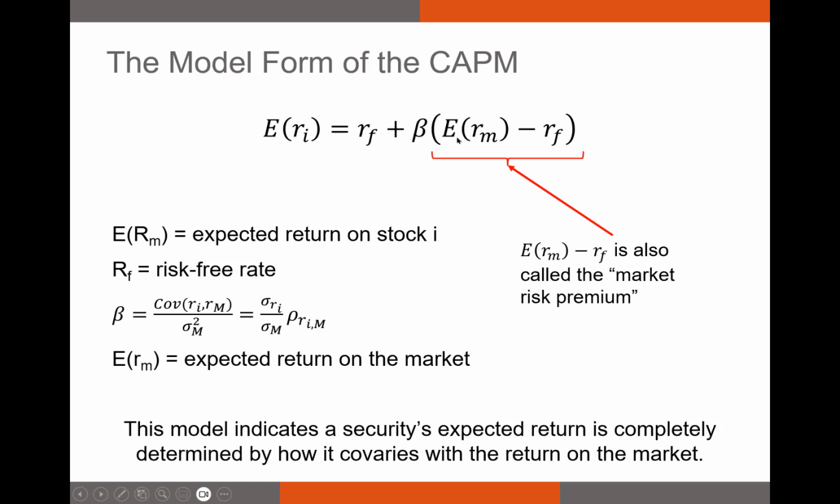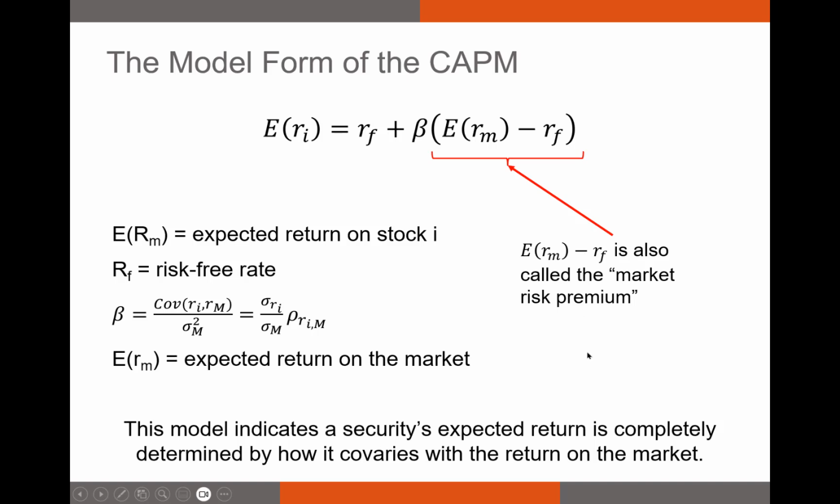Basically, this entire thing in the parentheses is our market risk premium. If I were to give you, let's say, the return on the S&P 500, you would just slot it right here and subtract from that the risk-free rate to get the market risk premium. Basically, what I'm trying to get at is the return on the market is not the same thing as the market risk premium. To get the premium, you have to subtract the risk-free rate.